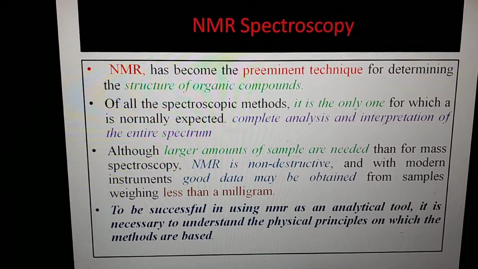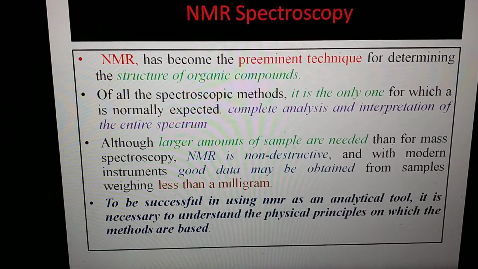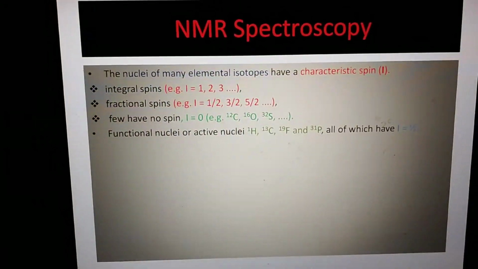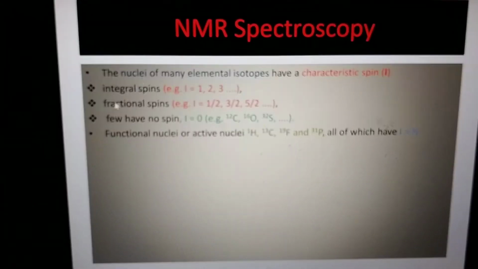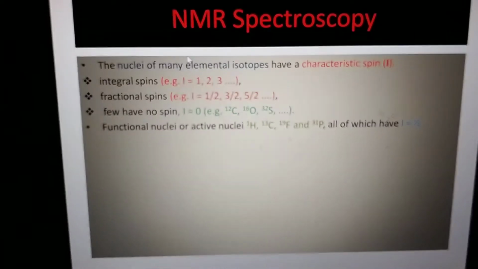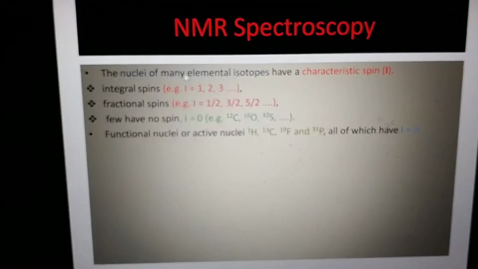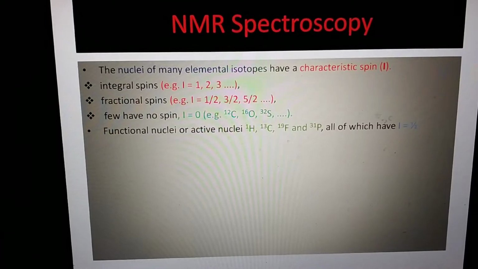To be successful in using NMR, first of all your physics concepts should be clear. Since NMR needs a nucleus, the nucleus has spins. There are various types of spins present in nuclei.